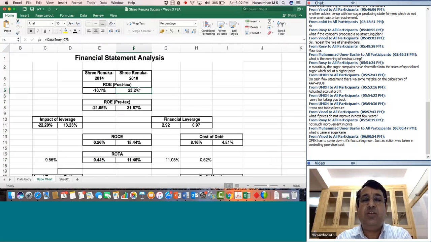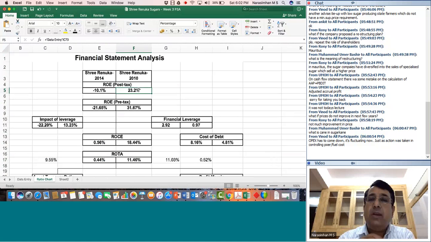But at this point of time, I would say that this is not a wise decision to go and invest 20 million shares at 15 rupee, which is 3 rupee premium to the market price. So we can wait and see how things are happening.